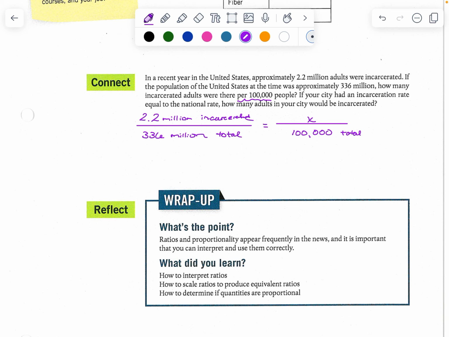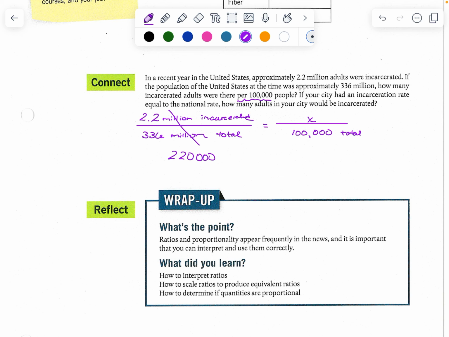What I want to point out, remember, is that anytime you have anything over itself, it's a unit of 1. You don't have to actually figure out what 2.2 million is with all the zeros in it. Just think of this as now 2.2 over 336. So I'm going to take 2.2 times 100,000. Let me make sure I get this right. 1, 2, 3.